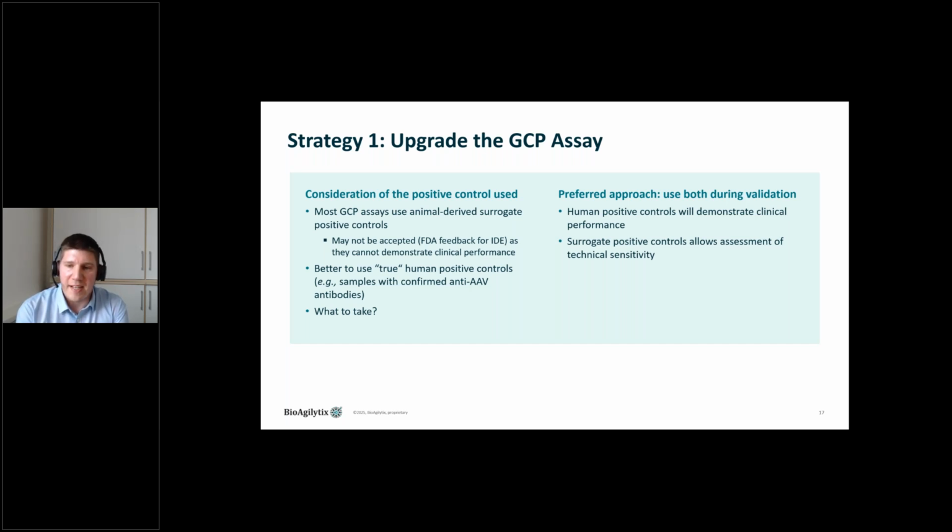But on the other side, also use a surrogate positive control to understand the technical sensitivity, how sensitive is that assay, and also to fulfill both of the guidelines when this assay can then also be used after the screening period for the subjects that have been enrolled into the study. Next slide, please.